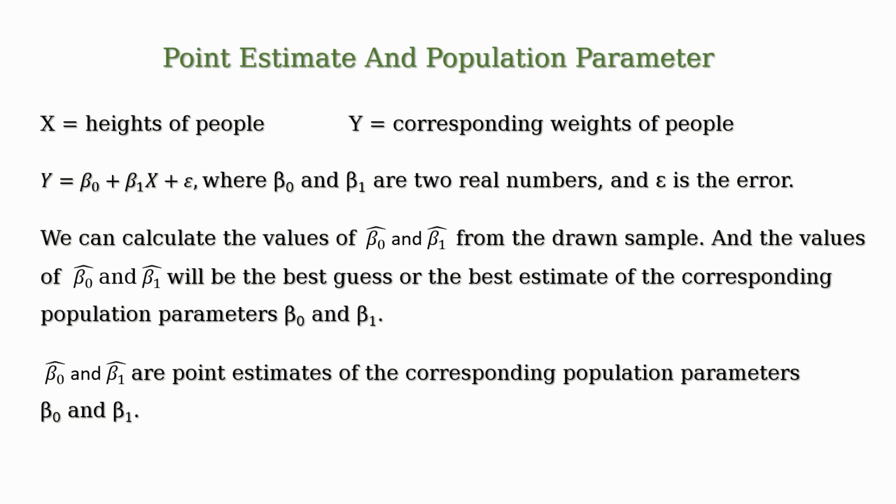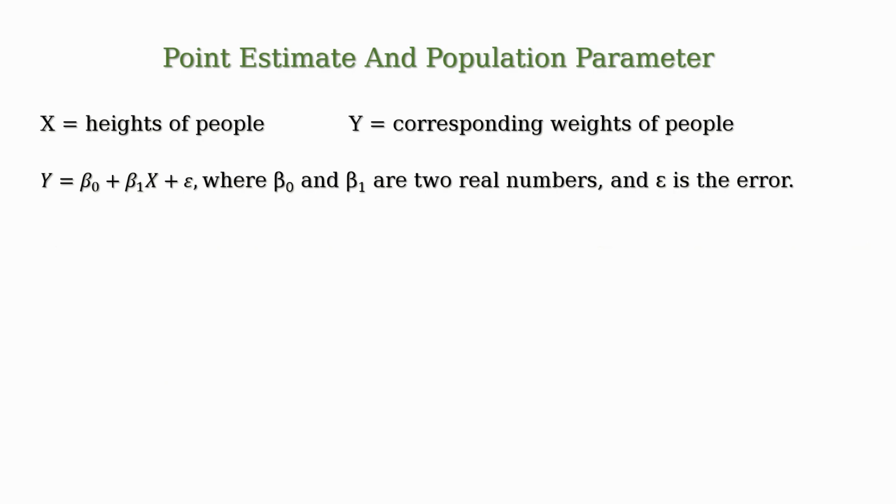So, if we were to measure the heights and weights of the entire population, we would get y = β0 + β1x + ε, where β0 and β1 are two real numbers and ε is the error. But that is not feasible.